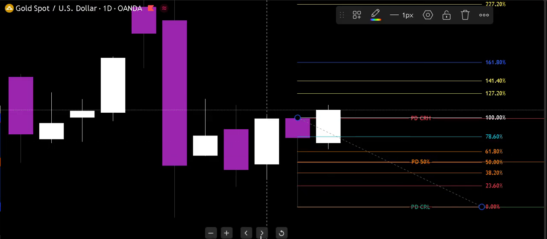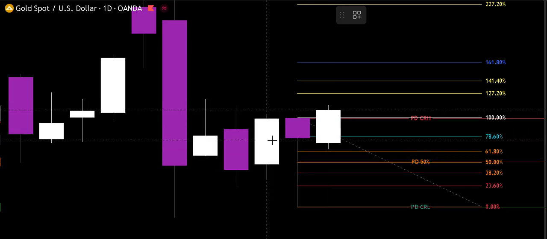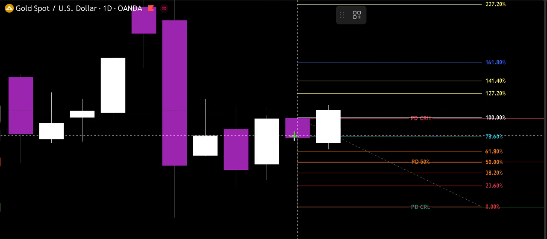The second thing you need to know is which area the market finished in. It's a passion you need to understand. The market finished in the area of 78 and 100. This is the area where the market finished, and we call it the blue zone.